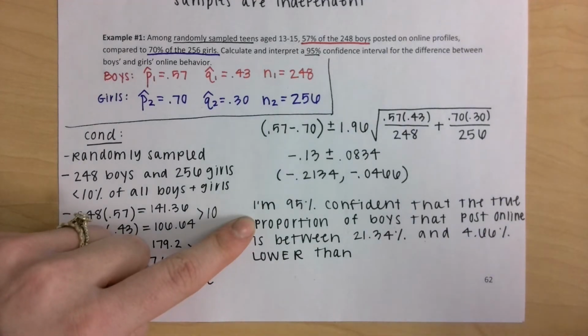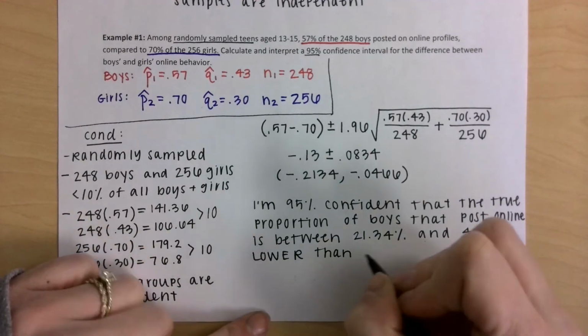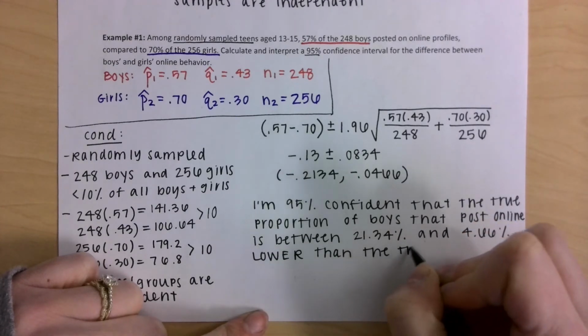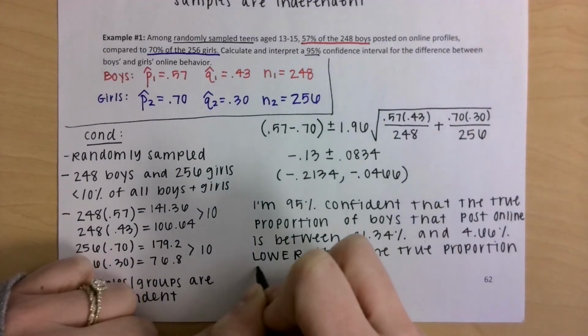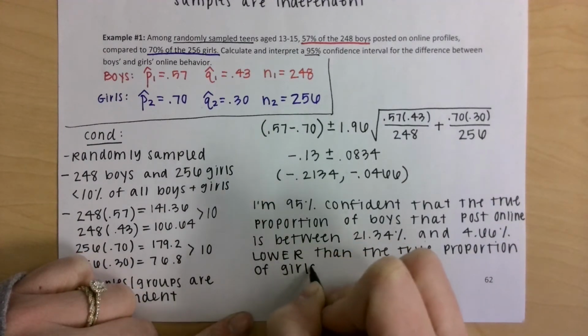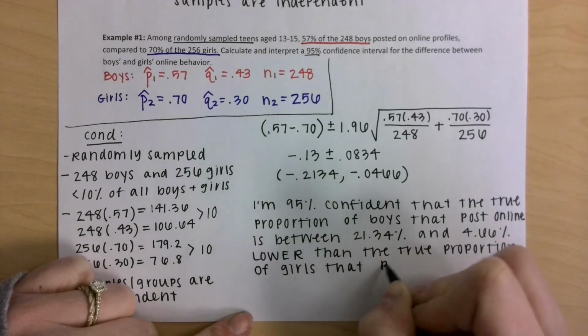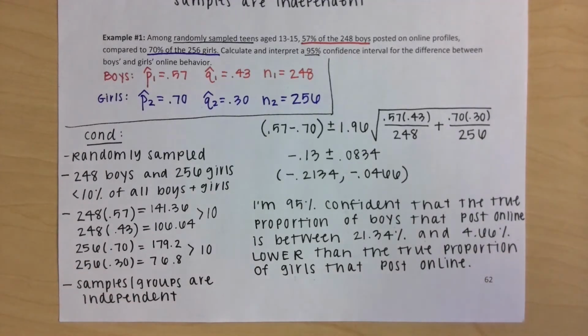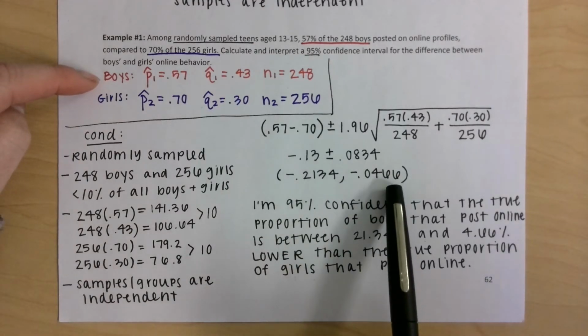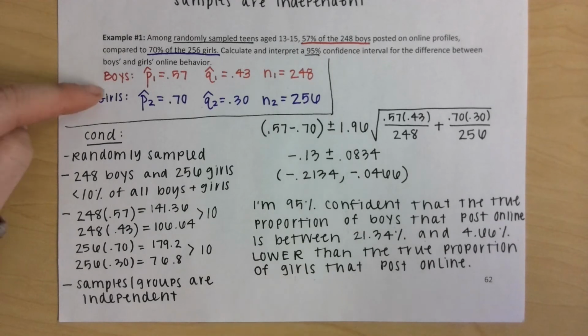Well, it's lower than the true proportion of girls that are posting online. So our final interpretation says, I'm 95% confident that the true proportion of boys that post online is between 21.34 and 4.66% lower than my second group, the true proportion of girls that post online.